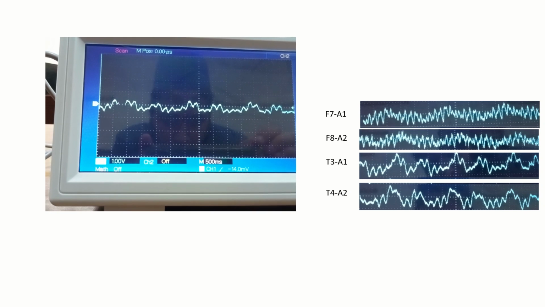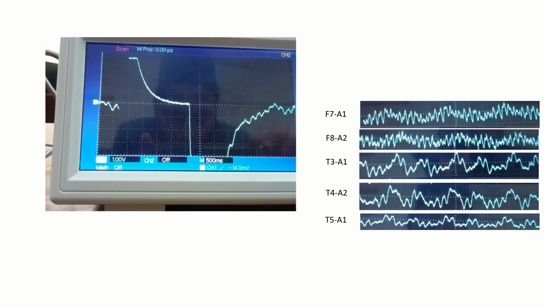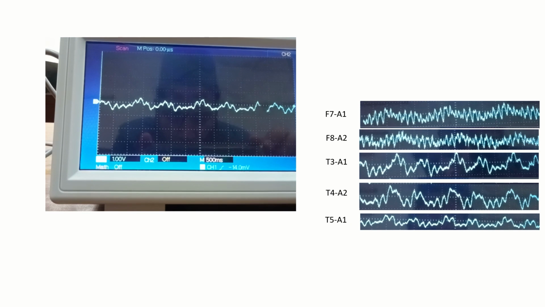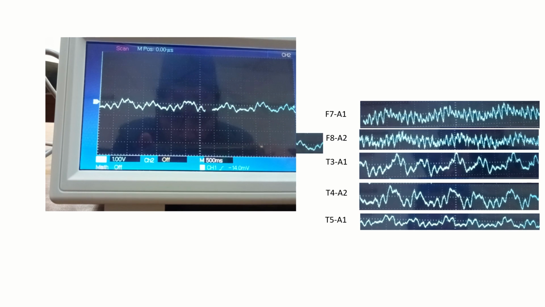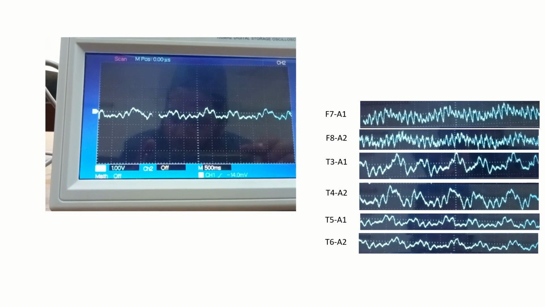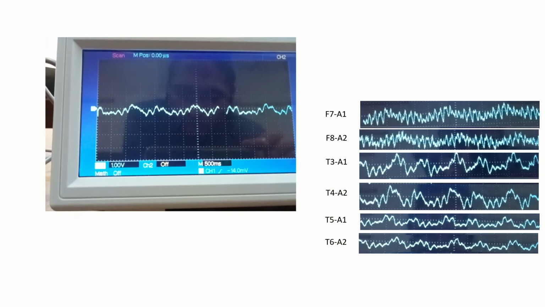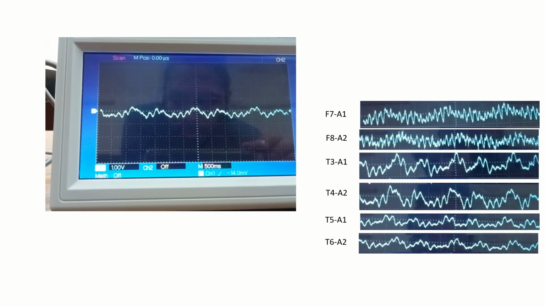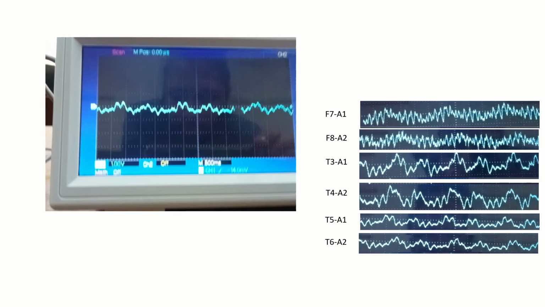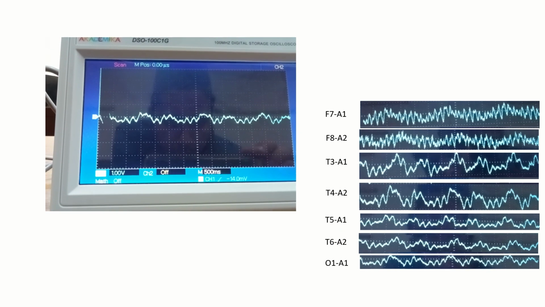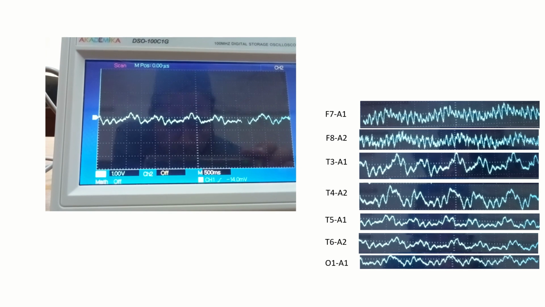So this is the fifth waveform, T5A1, and now on the screen we are plotting the next waveform, T6A2. Then with respect to O1, this is the potential corresponding to O1A1, and now the final waveform, which corresponds to O2A2, is being plotted.